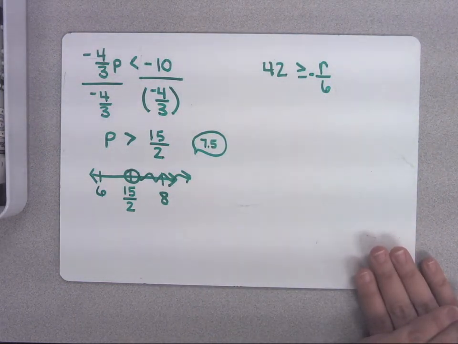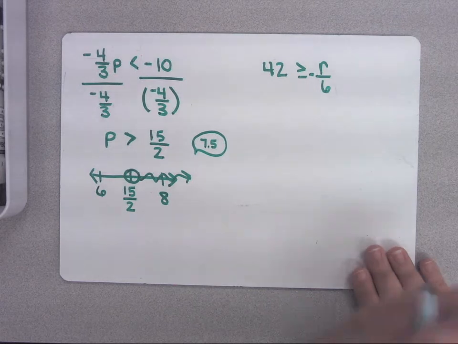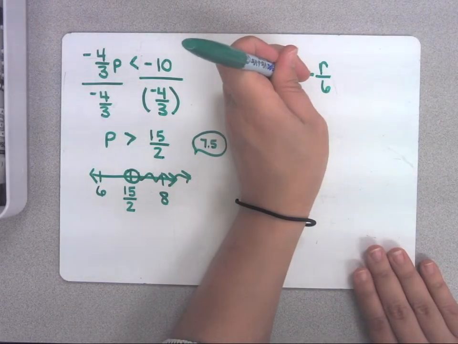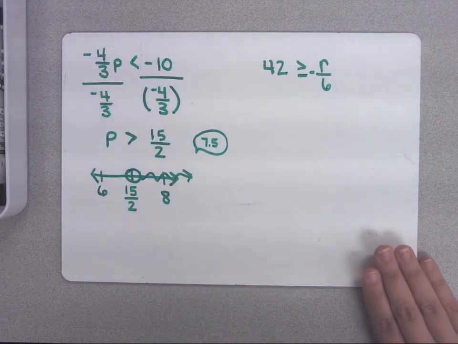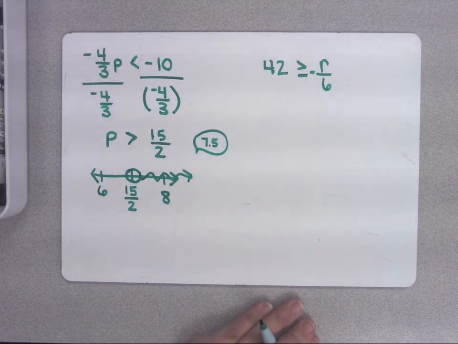So it's negative the fraction, r over 6. It's still only going to be one step. It's kind of like the last one. That number is going to be a little big.